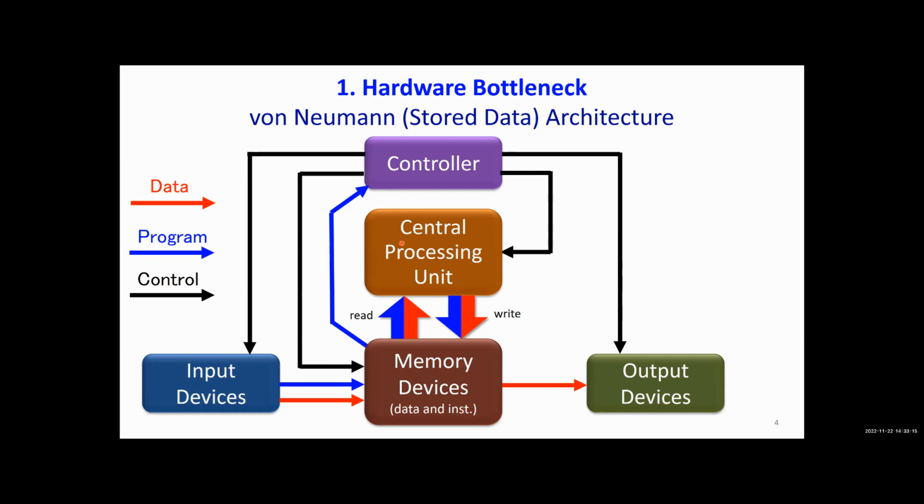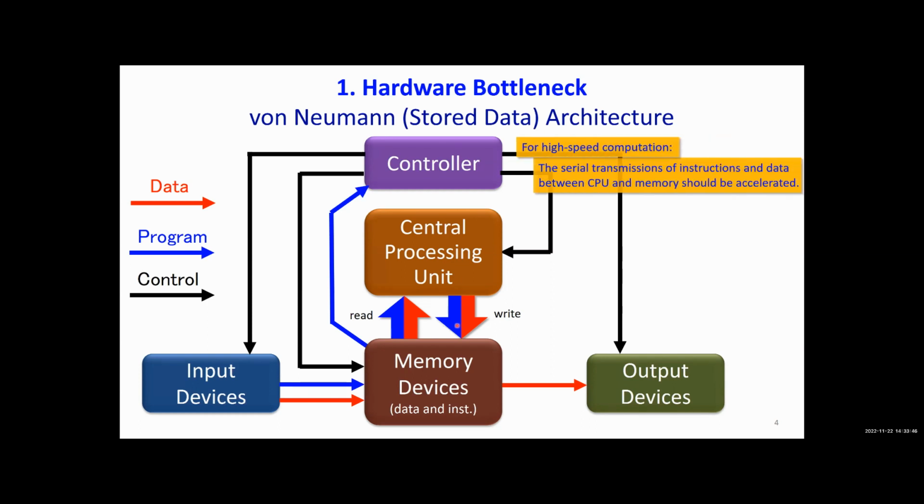If the CPU wants to do something, the CPU has to read instructions and data from the memory device. Then after some calculation, the CPU has to write the data back to the memory device. And if necessary, the change of instruction will be written back to the memory device. So each time the CPU does something, this loop happens.